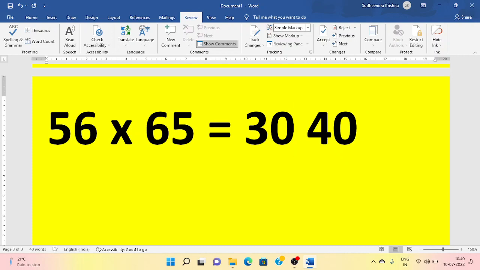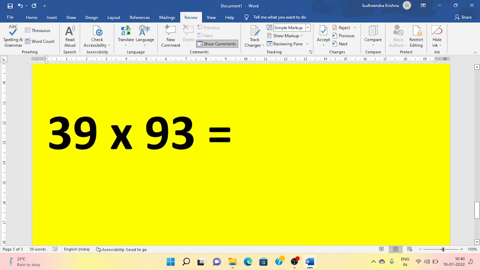Now on the left side, you already have 30. 30 plus 6 carry over will give you 36. So put 36. So 3640 is the required answer. So 56 into 65 is equal to 3640.